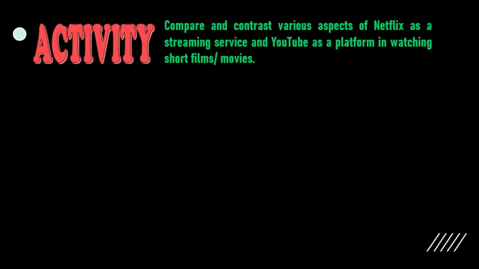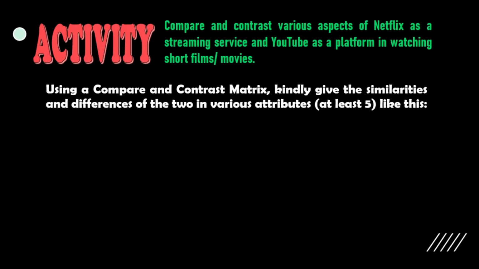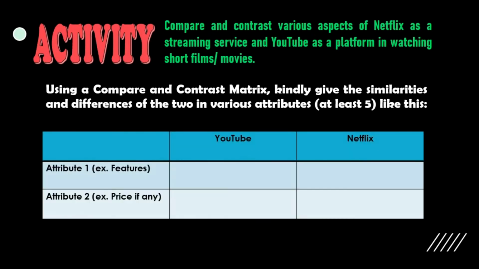All you have to do is to compare and contrast various aspects, for example, of Netflix as a streaming service and YouTube as a platform in watching short films or movies. You may use the comparison and contrast matrix. So let's say, for example, what's the attribute 1 of both YouTube and Netflix, and then you have to compare and contrast them.